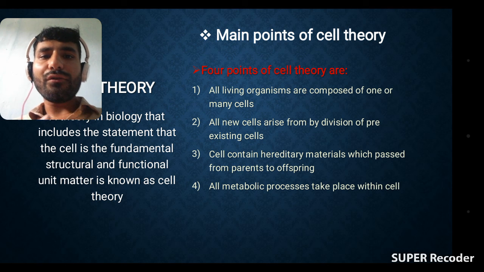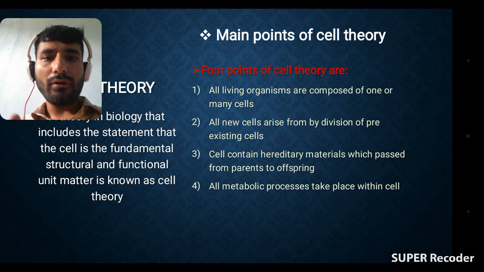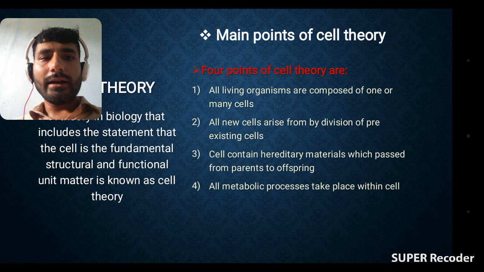What are the main postulates of cell theory? There are four main points or postulates of cell theory. I will discuss them one by one. The first one is that all living organisms are composed of one or many cells.